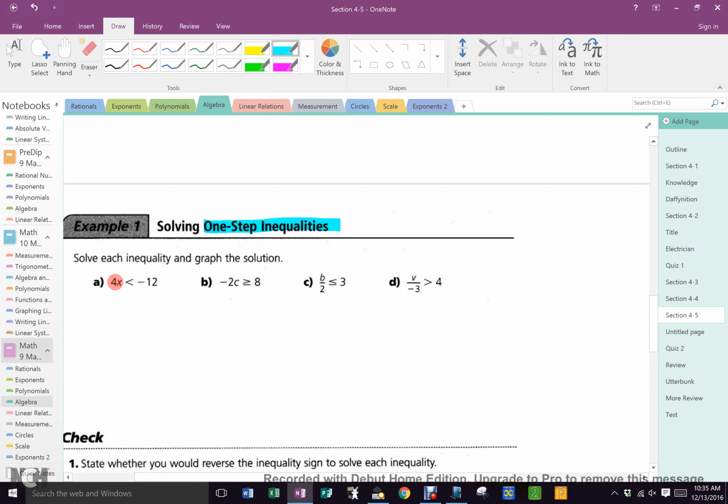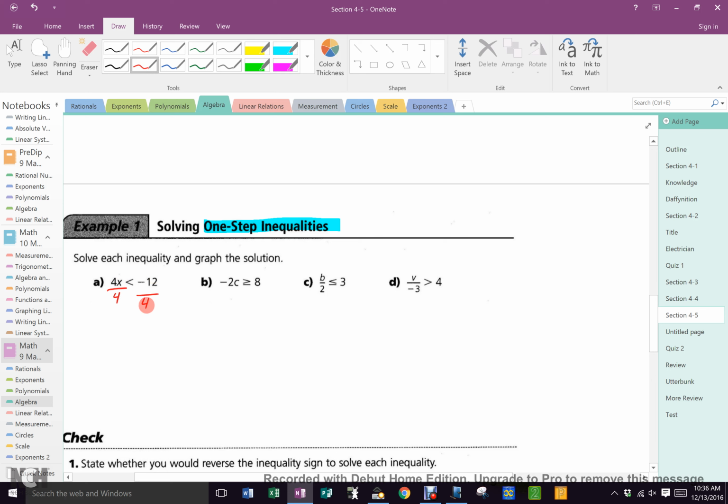Well, what is around this X? A times 4. So what do I do to get rid of times 4? I divide by 4. If I do something to the left, what do I do to the right?